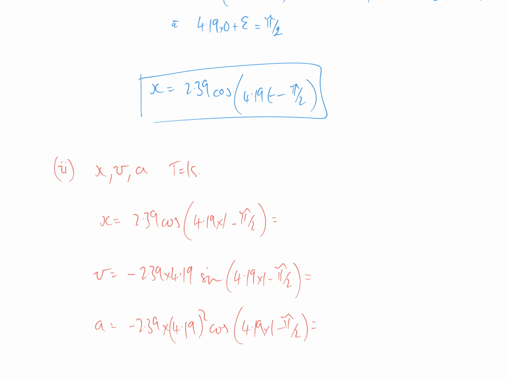That gives us a series of answers: 2.1, minus 5.0 and 36. Good. Hopefully you've crunched the numbers and come to a similar conclusion.